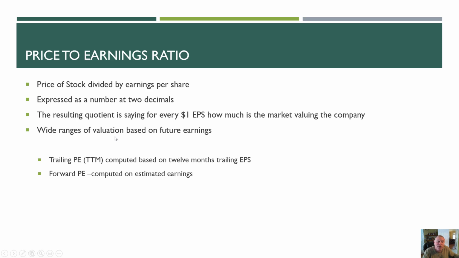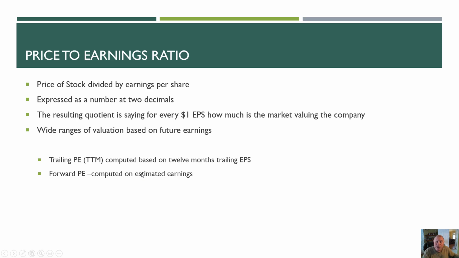So the company is valued based on the multiple of earnings. And there's wide variations based on future earnings too. So we really have 2. It's the trailing PE, TTM, computed on 12 months trailing EPS, historical. Forward is computed on estimated earnings.